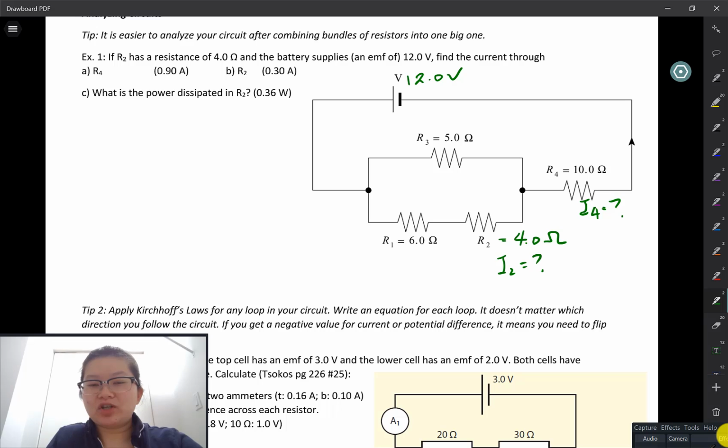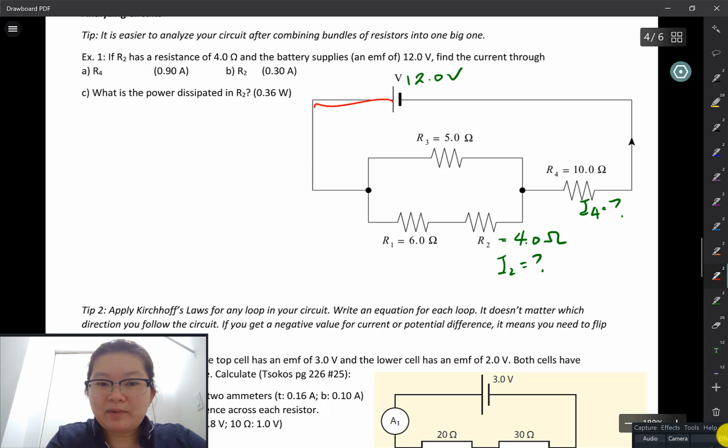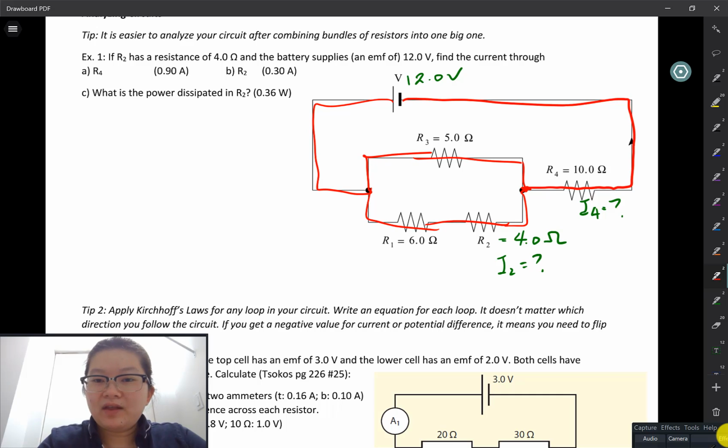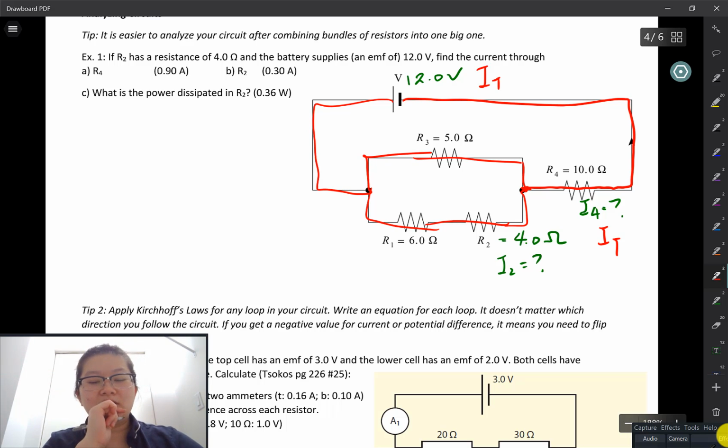So let's just double check our understanding of current. We know that the current leaving this battery is going to get divvied up, split amongst these two pathways, and then they're going to combine here at this junction, and then it's going to go through this 4th resistor and back to the battery itself, meaning that the total current going through the battery is exactly the same as the current going through the 4th resistor.